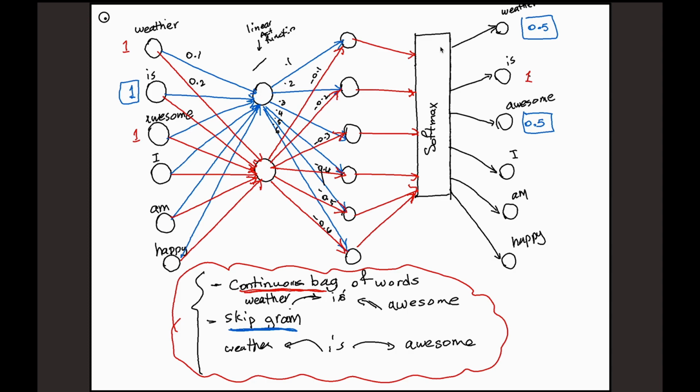That allows these weights to get updated, because we don't have only 2 sentences, "weather is awesome" and I forgot what the other one was. Oh, "I'm happy". Depending on what you're using, we can have like the entire Wikipedia. You can have the entire corpus of what you have gathered from the internet, the entire corpus of the books that are available copyright free.